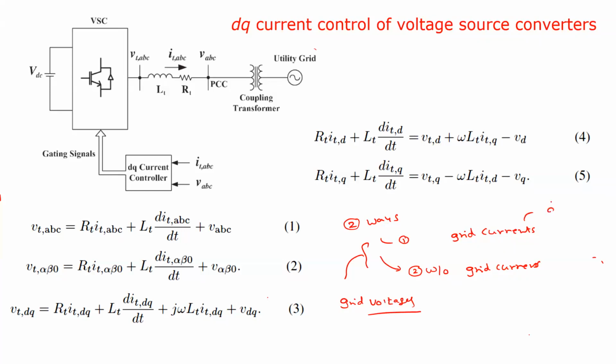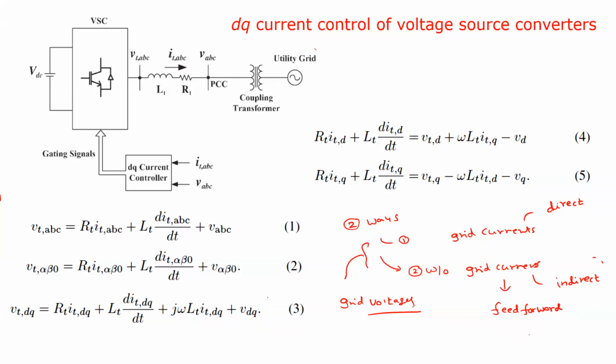Usually this will be the direct approach, and the other the indirect approach, or the feed forward approach. When you measure the grid currents, you require additional 3 current sensors. Without it, no sensors are required.